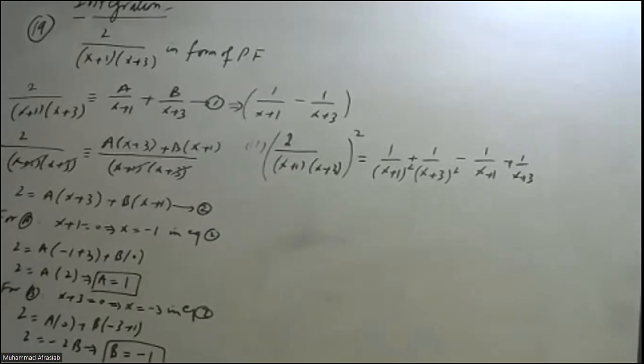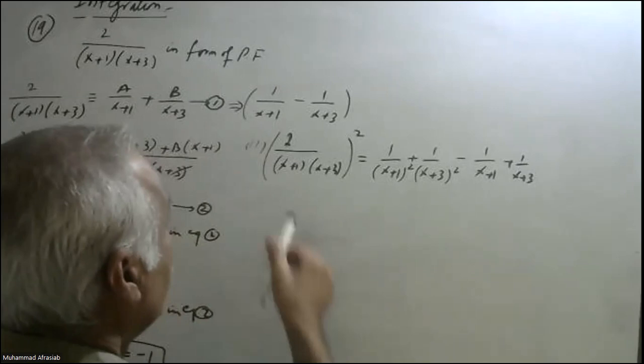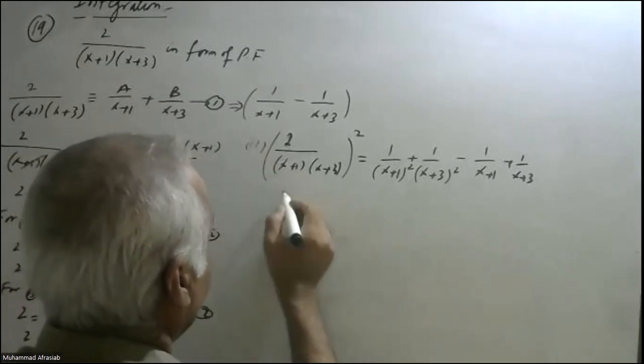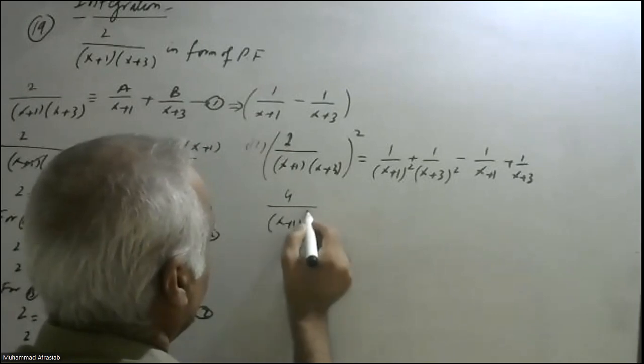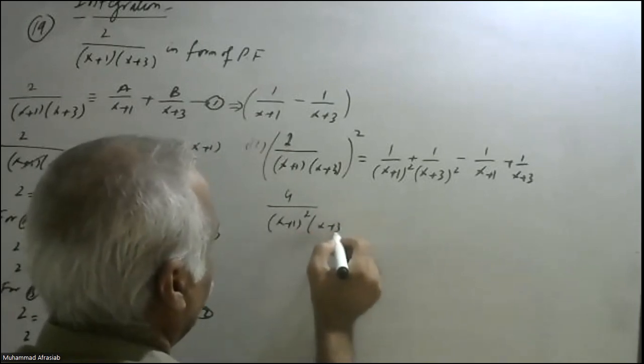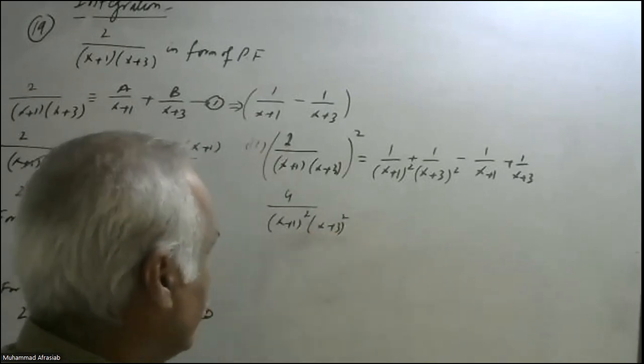Now, this expression will become, on the left hand side, 4 over (x plus 1) whole square into (x plus 3) whole square.